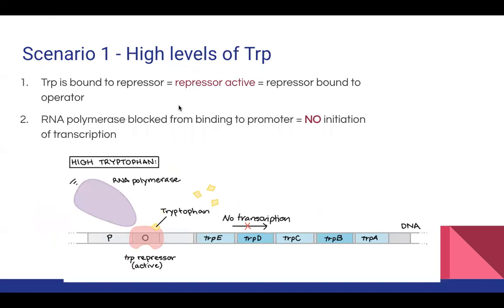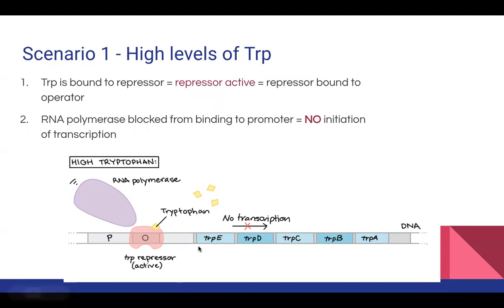what happens is that tryptophan will end up binding to the repressor, and that'll make it active. And then when the repressor is active, it will bind to the operator region shown here. When the repressor binds to the operator region, that doesn't allow RNA polymerase to bind to the DNA to transcribe the rest of the genes.